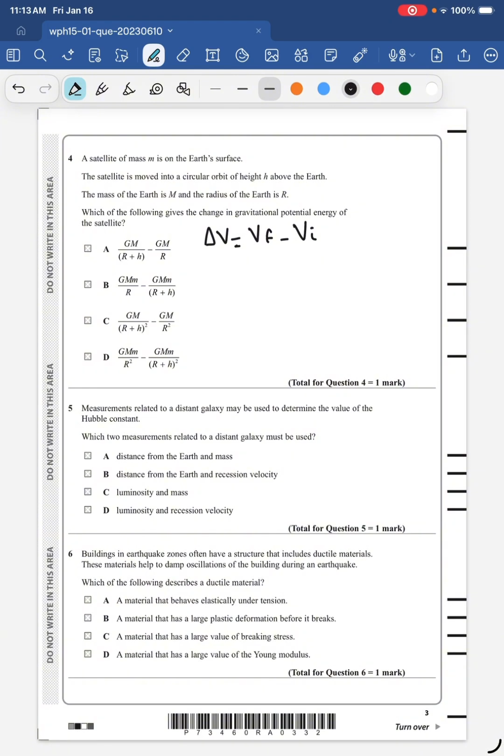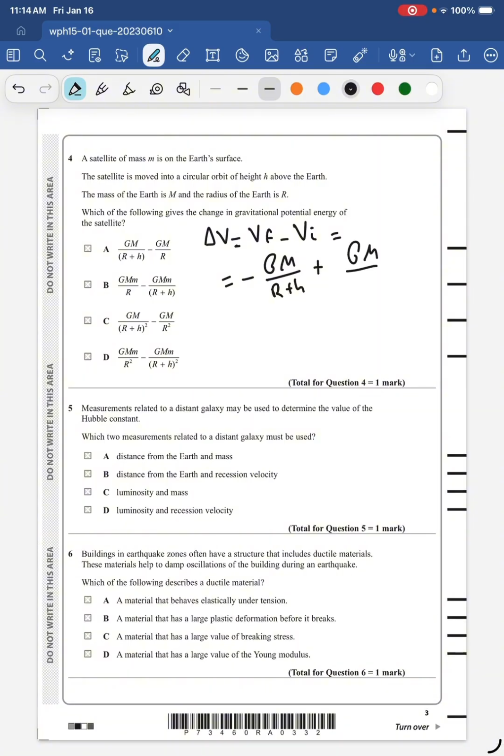Okay, there's something wrong here. Let me see. Wait, I said something wrong. So the change in gravitational potential is delta V. Okay, I'm sorry if I confused you. So the final gravitational potential is minus GM over the radius of the Earth plus h, and the initial is just minus GM over r.